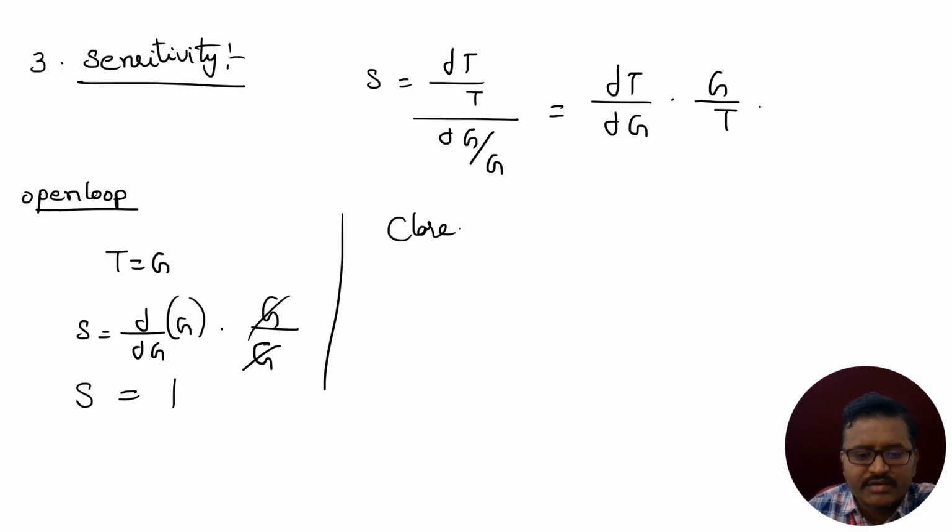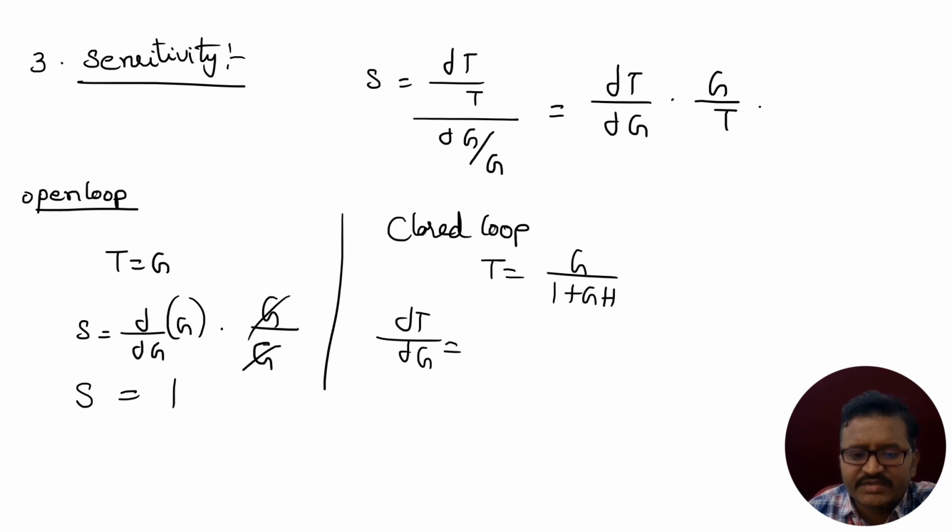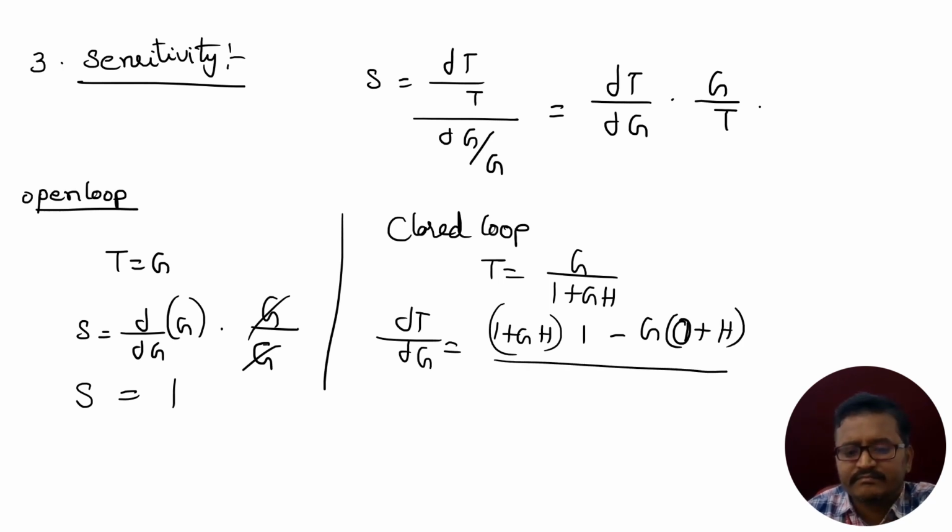Whereas in closed loop, let us consider a negative feedback. So T equal to G by 1 plus GH. Then ∂T by ∂G is, differentiating with respect to G using the u by v rule, (1 plus GH) times the derivative of G, which is 1, minus G into the derivative of the denominator, which is H, by (1 plus GH) whole square.